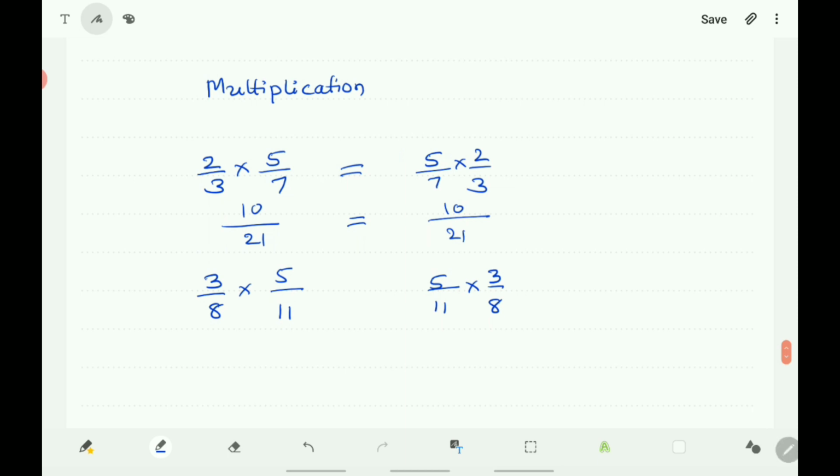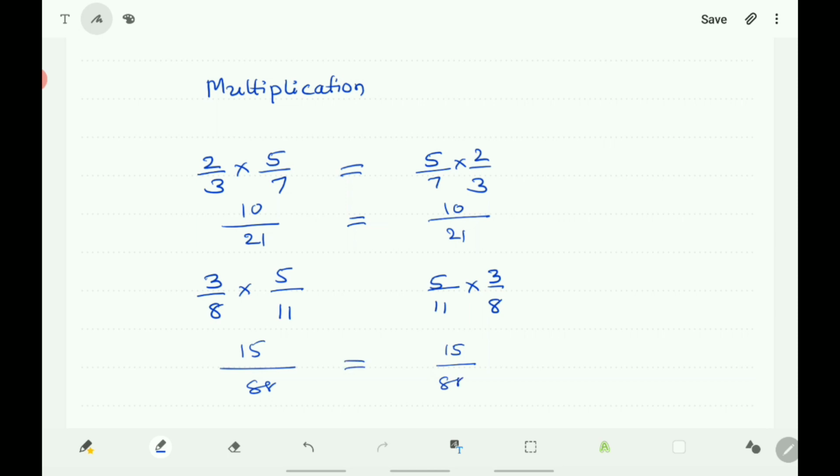You take the rational numbers 3 by 8 and 5 by 11 and the product of 3 by 8 and 5 by 11, that is 3 by 8 into 5 by 11. You know that 3 into 5 is 15 and 8 into 11 is 88. Here also it is 15 by 88 and you know that both are equal here.